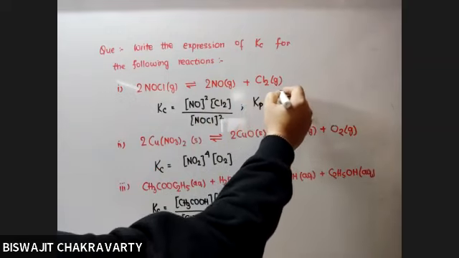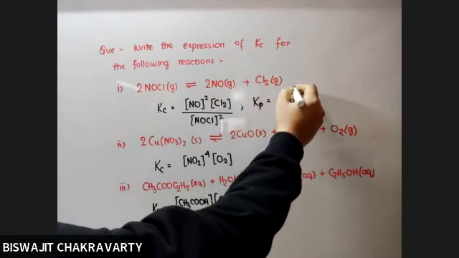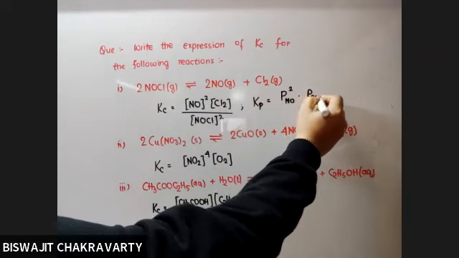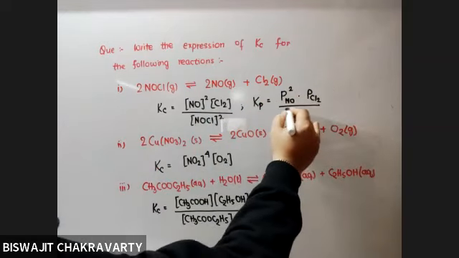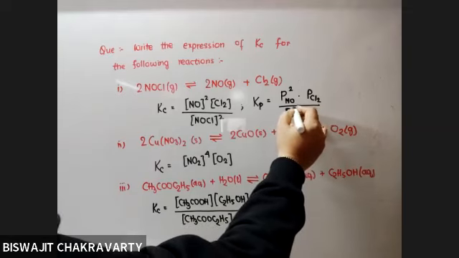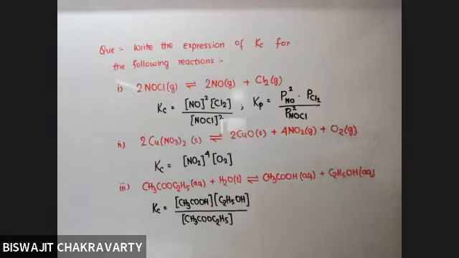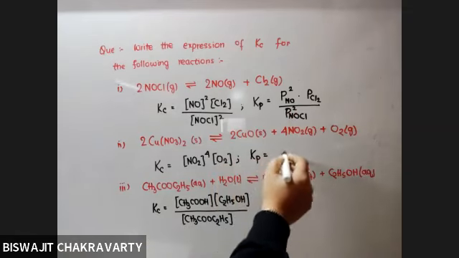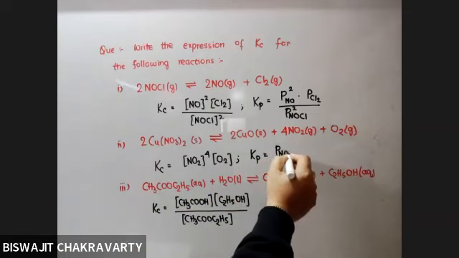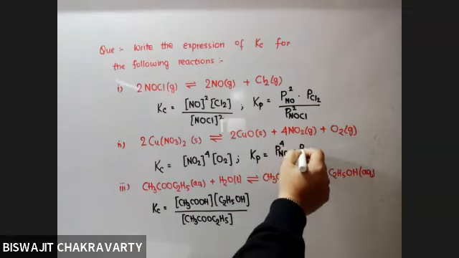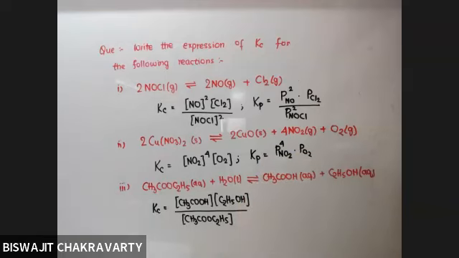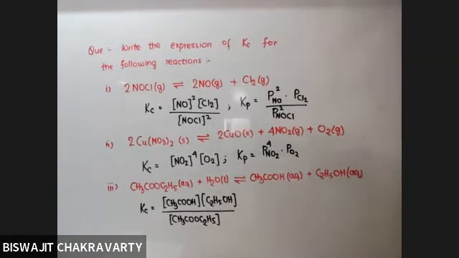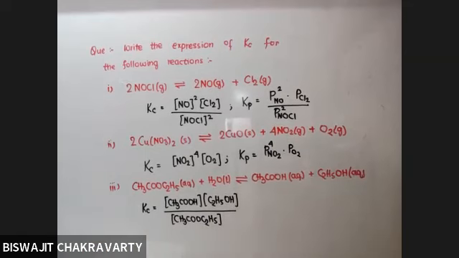So Kp for the first one will be partial pressure of NO squared into partial pressure of Cl2 divided by partial pressure of NOCl squared, because all are gaseous. Here Kp will be partial pressure of NO2 to the power 4 into partial pressure of O2. There is no denominator. And for the last one, Kp does not exist because there are no gaseous substances. Kc is there, but Kp is not there.